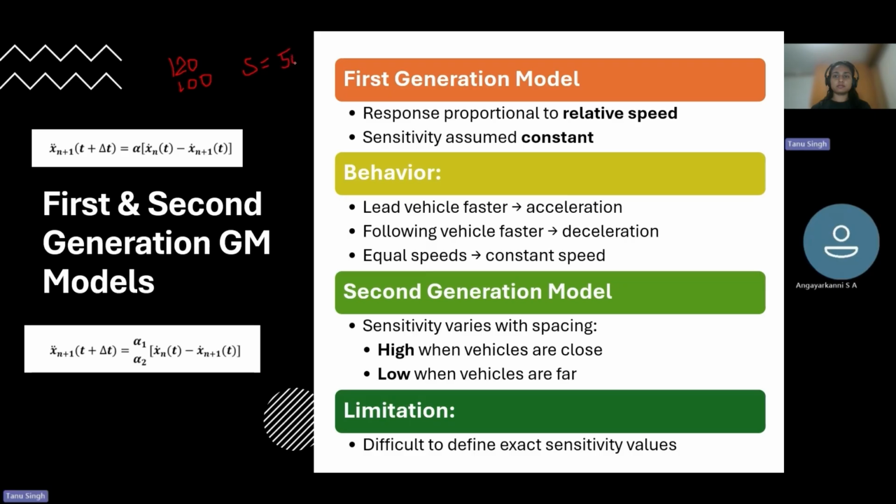We are just taking two examples, and in the second case the speed is the same. The leading vehicle has 120 whereas the following vehicle has 120, but the space headway between them is 500.